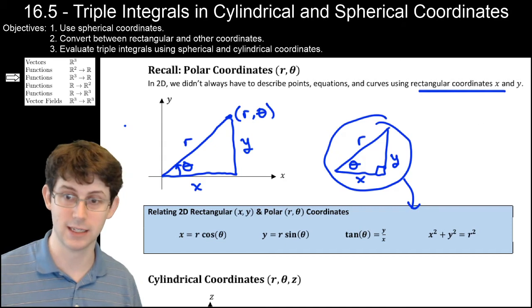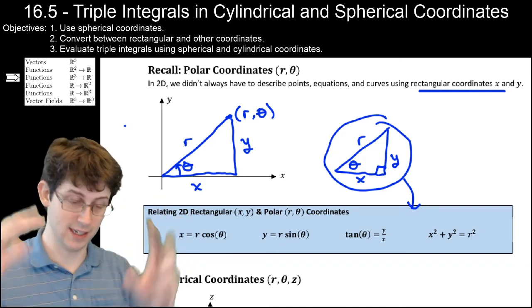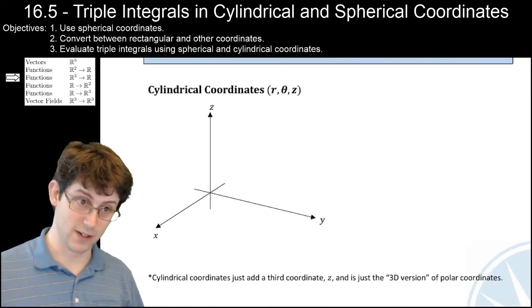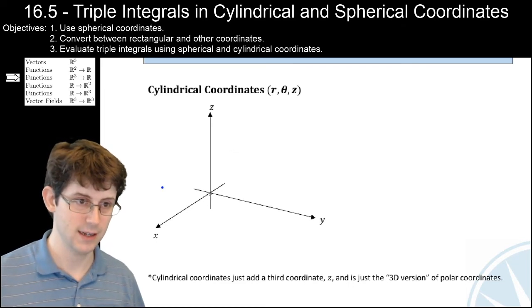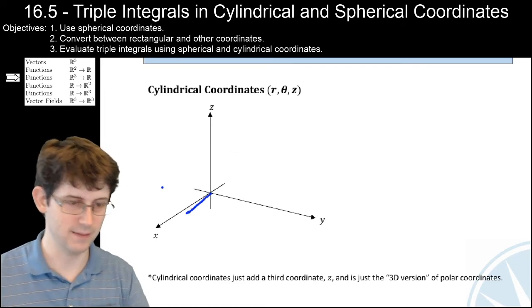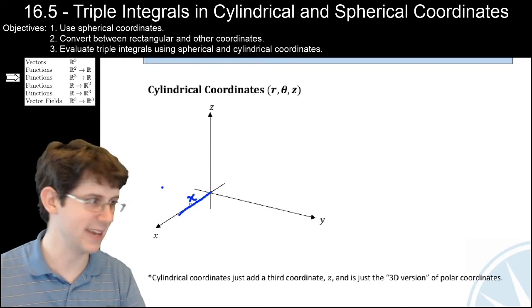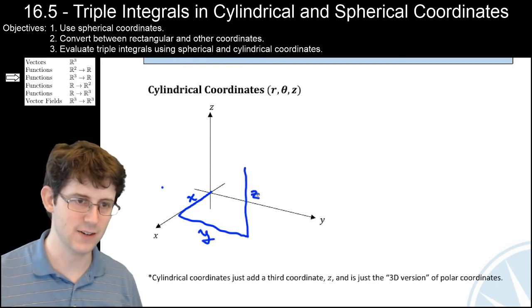Okay, so this allows us to change any 2 rectangular coordinates into polar coordinates. If you take x, y, z rectangular space coordinates and change the x and y into polar coordinates, you get something called cylindrical coordinates. So if I have a point up here, I got to it by going x in the x direction, y in the y direction, and z in the z direction.